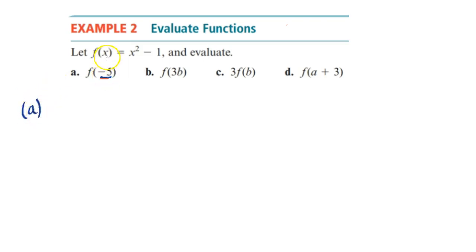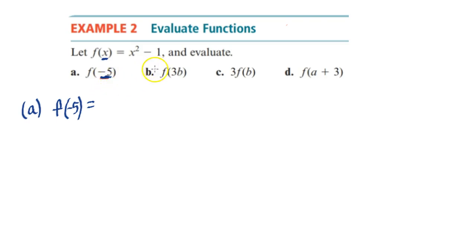So notice that where we had the x, now we have -5. So if we're going to find f of -5, what we're doing is replacing the right side of the equation. Wherever we see an x, we're just going to substitute -5.